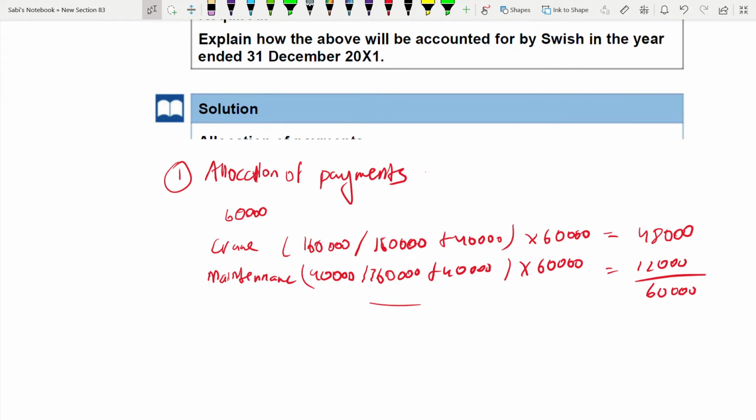So our part is maintenance, we don't care, we only need the crane.